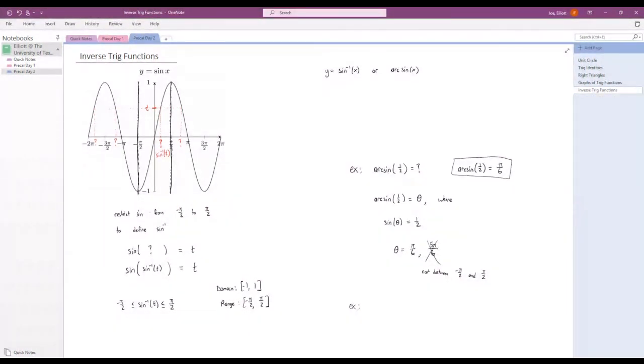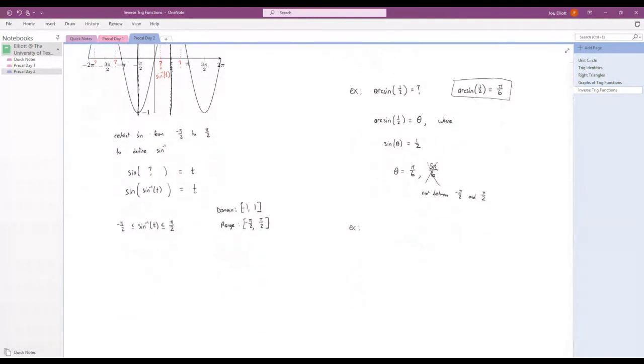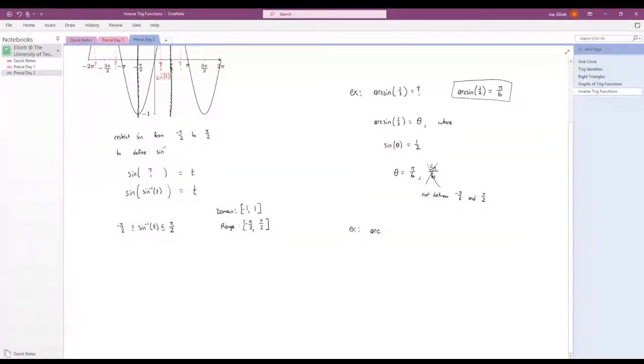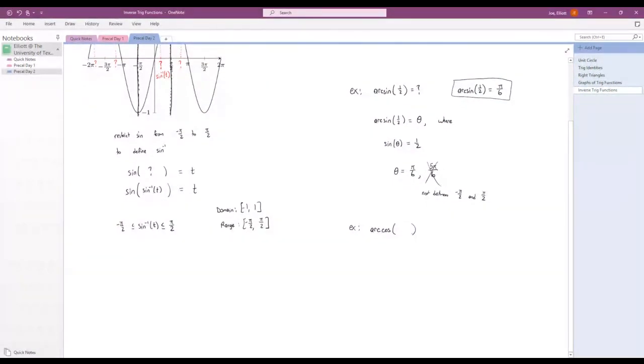So let's look at some of the other inverse trig functions. I'll do one or two more examples like this. Let's do arc cosine next, and let's say we want arc cosine of negative 1/2.